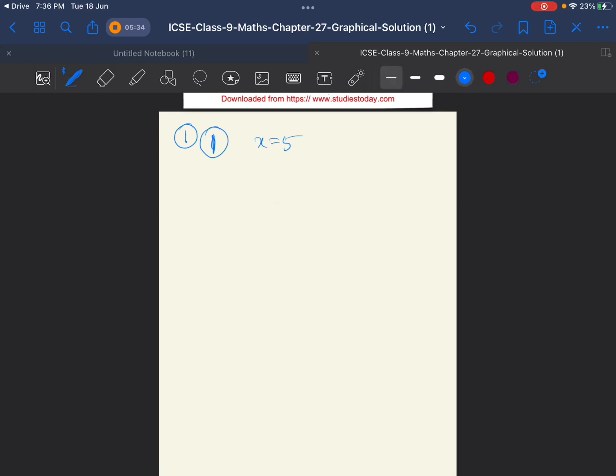So first we draw a plane, X O X dash, Y O Y dash.